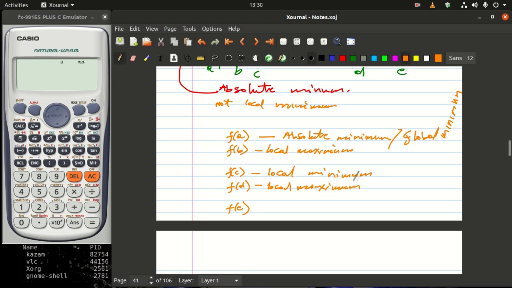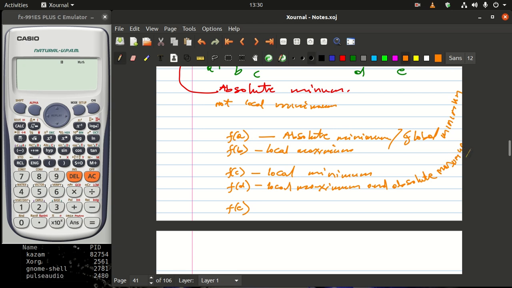So we have a local maximum, and also at the same time, and this is not "or", we are actually having the absolute maximum. So you have the local and you also have that.